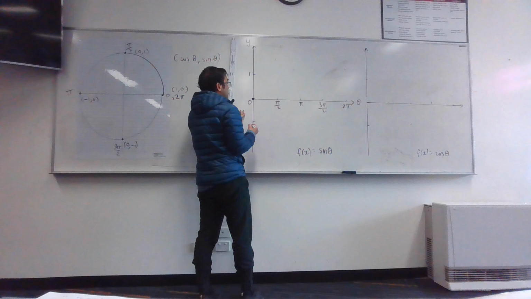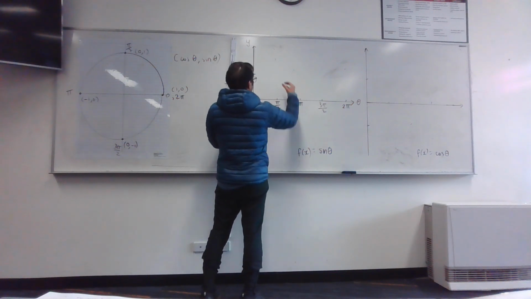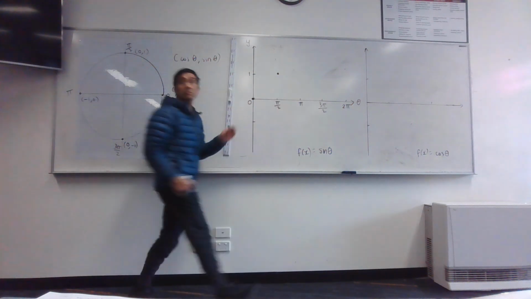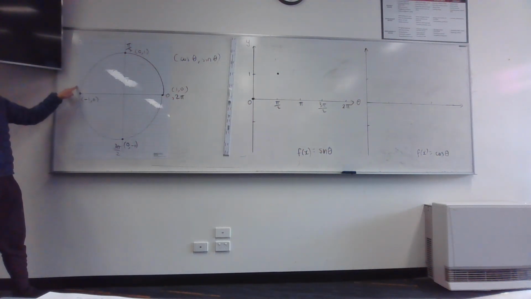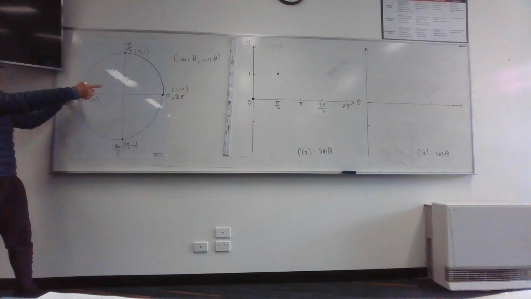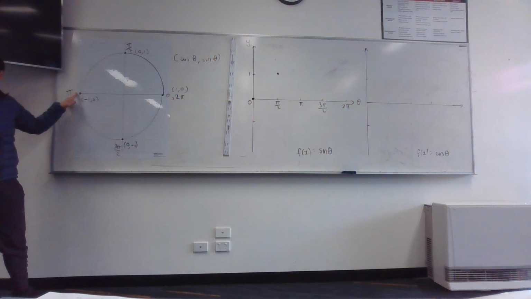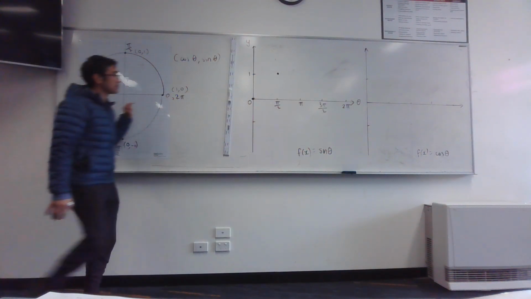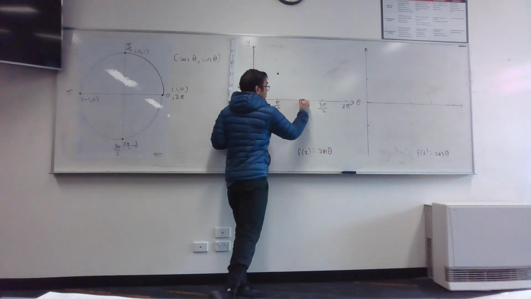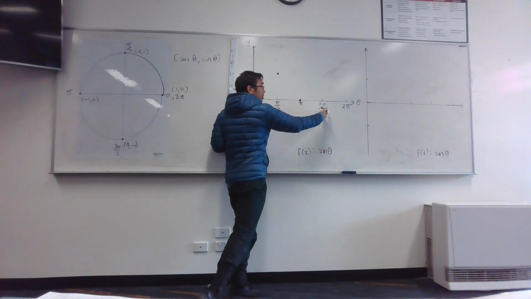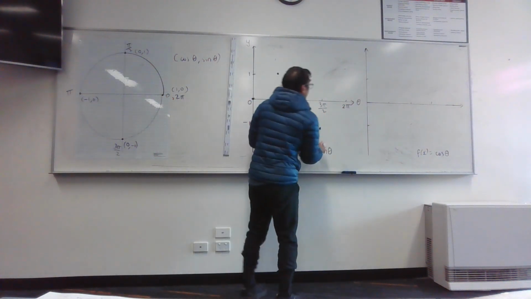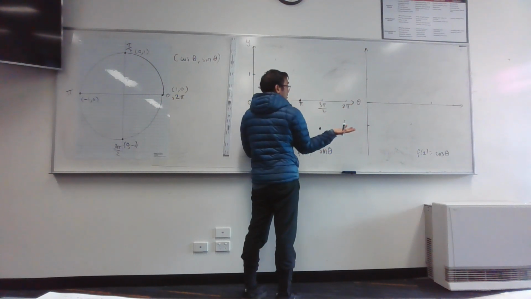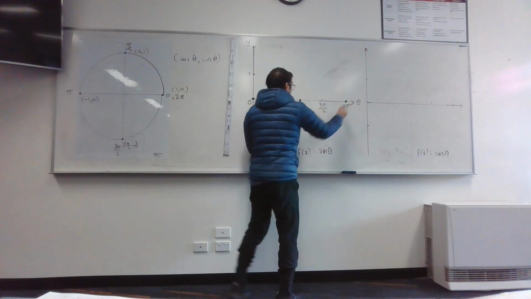If I put a 1 there, at pi on 2, we are at 1. We keep walking around. Down here, what angle are we up to? Up to pi, but the y-coordinate is 0. Pi is 0. Therefore, 3 pi on 2 is going to go negative 1. We have a negative 1 down here. 2 pi is 0. Back to 0.